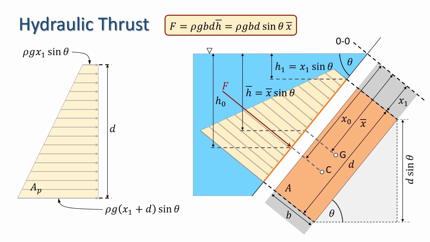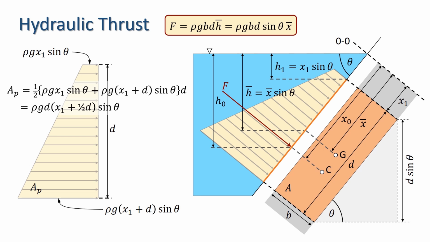The trapezium has a height d, thus its area is ρg d times (x1 plus a half d) sine theta. Now x1 plus a half d is x bar, the distance from OO to G, giving us ρg d x bar sine theta, and x bar sine theta is h bar.